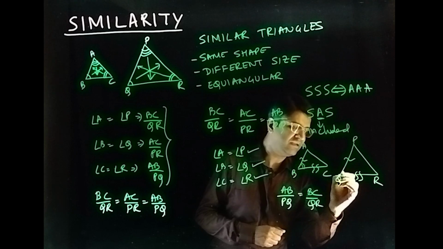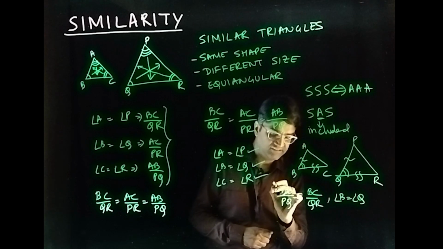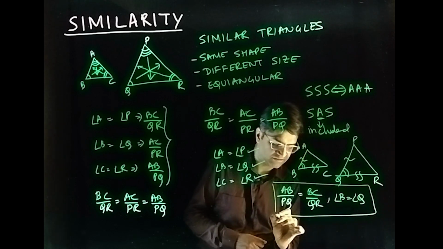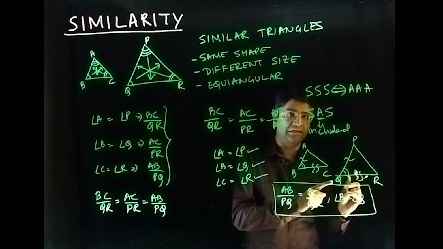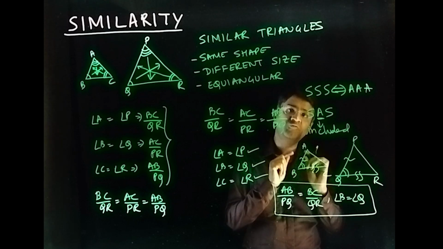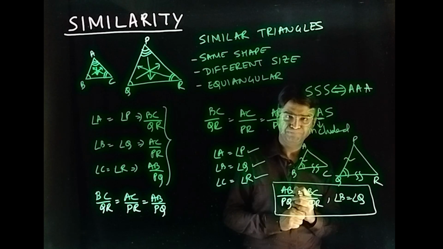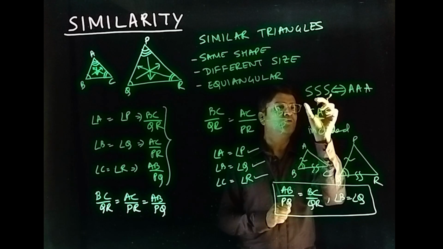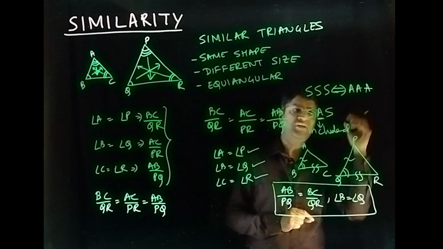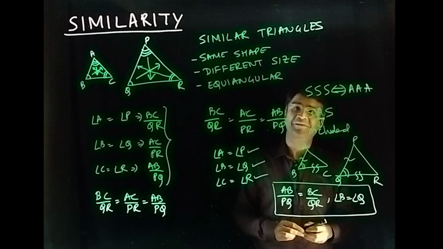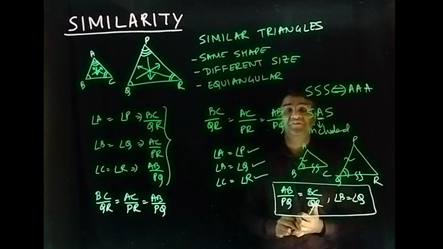Of course, angle B and angle Q. Angle B equals angle Q. This is the required information you need to show side angle side. Any other angle will not work. The angle must fall between two known proportional sides. So now we have learned how to change from side to angle to side, and we are clear about SAS as well. So these are the conditions of similarity.